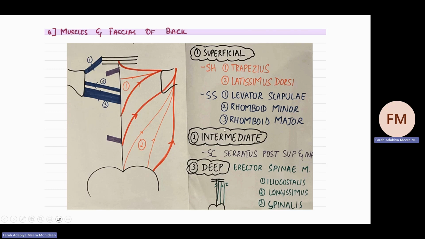Now we'll be talking about the intermediate back muscles, in which there are two muscles, serratus posterior superior and serratus posterior inferior. These are called spinocostal muscles. So they originate from your spine and they insert into your costal areas, which is your ribs, right? The superior muscle, serratus posterior superior, originates from your nuchal ligament.